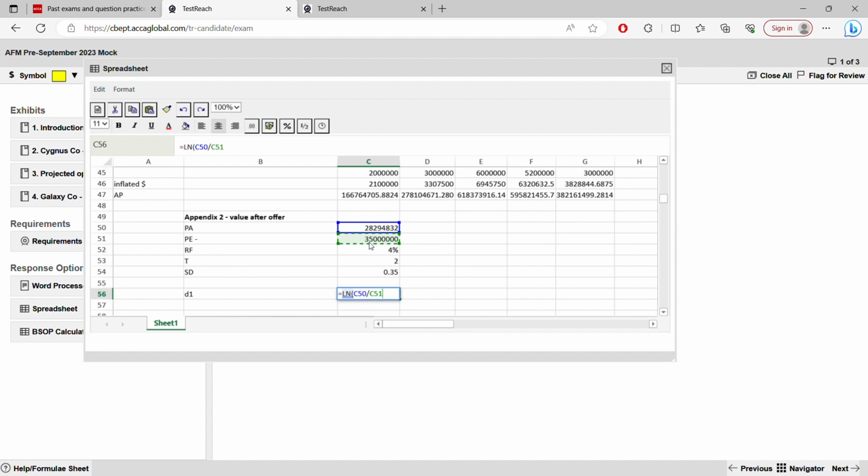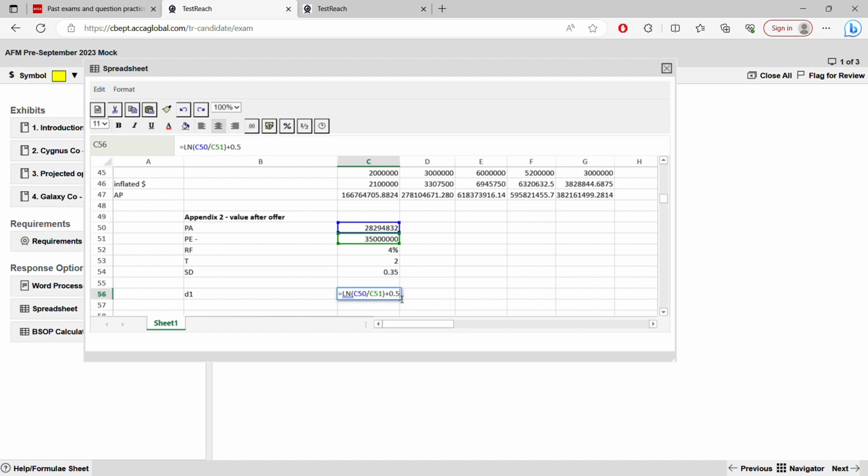Logarithm of PA divided by PE, plus... No, you don't have to write all this. Just perform the function. This plus, put a bracket. Put this in bracket. Okay.